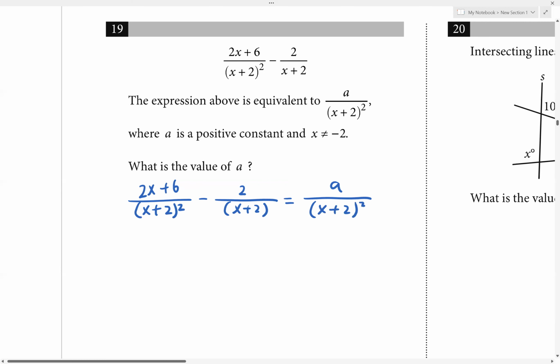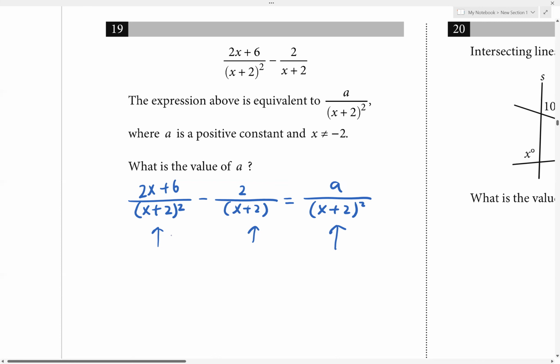The key to solving this equation is that we have all these denominators, so we can try to cancel them out by multiplying both sides by a common multiple of all the denominators. So we have to find a common denominator. Looking at all three fractions, they all have x plus 2 in common.